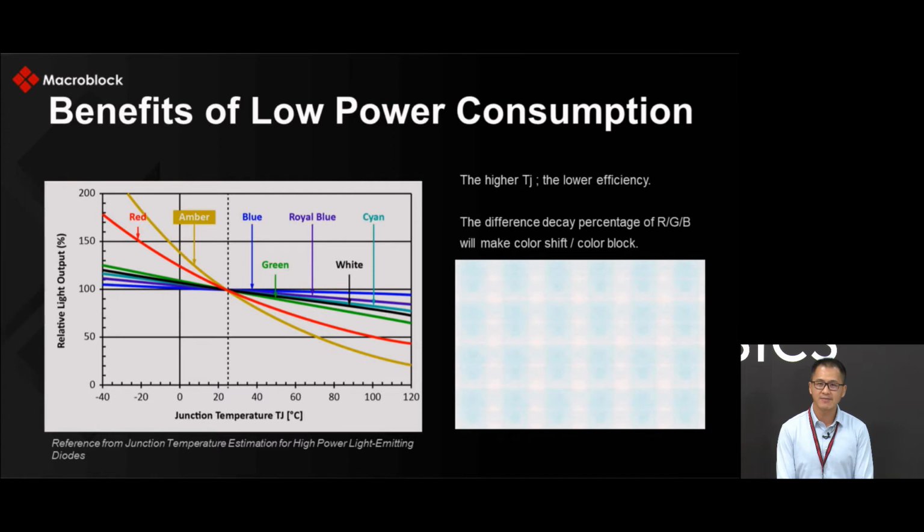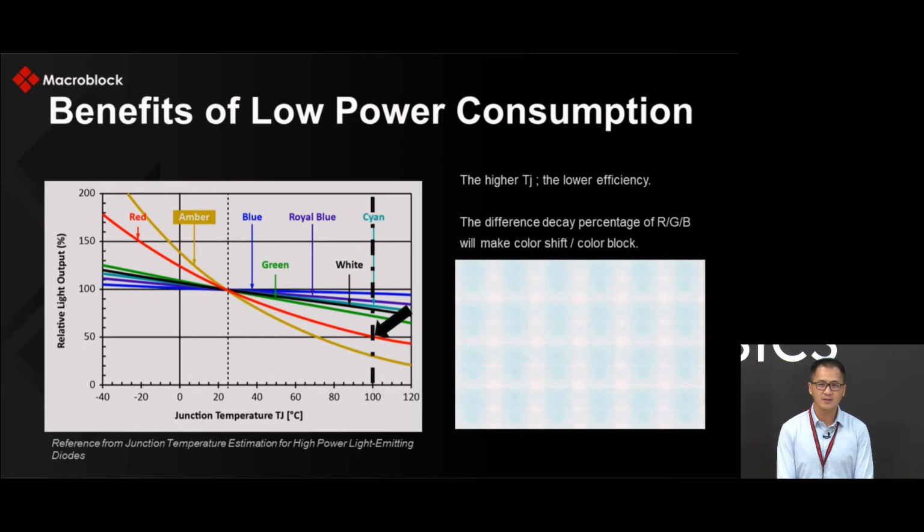To explain that, LED light efficiency will drop at high temperatures. Here, we can see the brightness of red LED will drop severely, around 50%, when the junction temperature is 100 Celsius degrees, and green and blue LED only decrease around 25% or less.